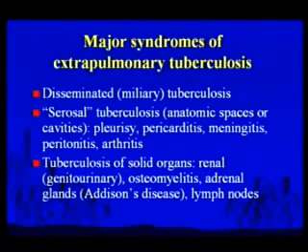Serosal TB, TB of certain anatomic spaces and cavities, tuberculous pleurisy, tuberculous pericarditis, tuberculous arthritis, tuberculous peritonitis, and tuberculous, which did I leave out, meningitis.